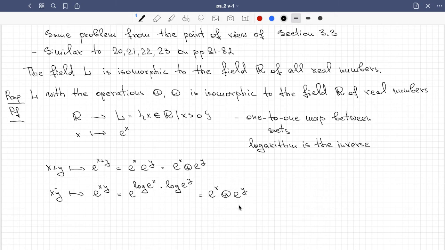So first of all, we proved that L is isomorphic to R, and therefore it is a field. So L with these operations is isomorphic to the field of real numbers, therefore it is a field.